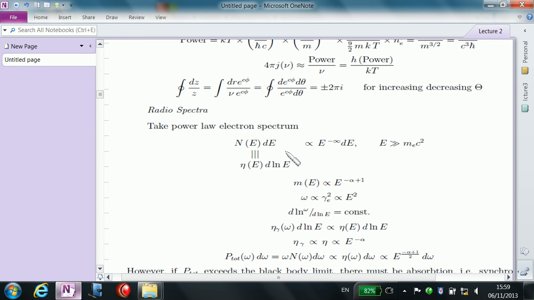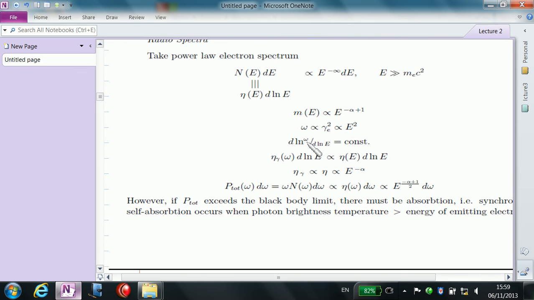Synchrotron or inverse Compton, it'll be a power law that depends upon the electron's spectrum, but it won't be exactly the same. It'll be different, so we'll talk about that next time, which is tomorrow.